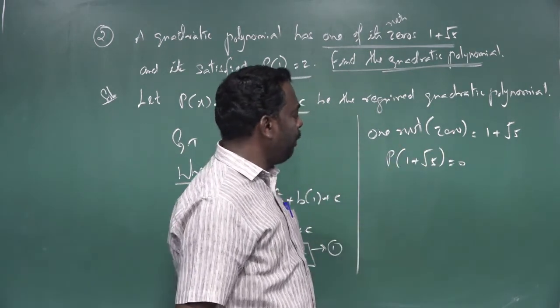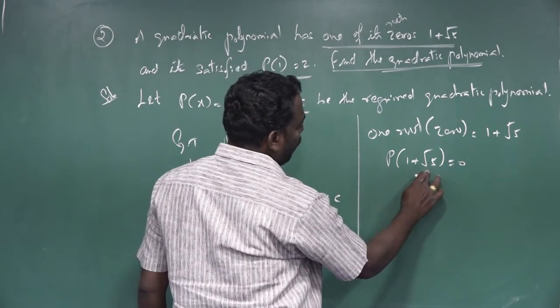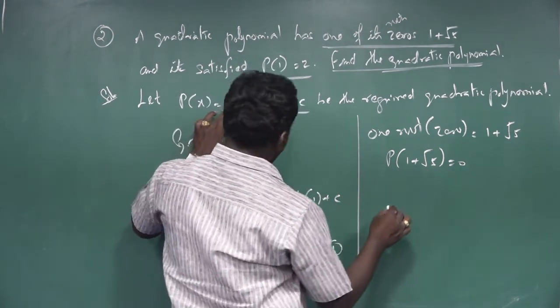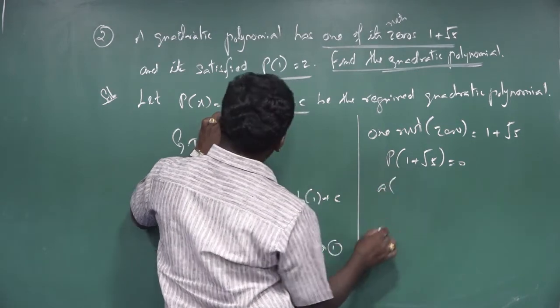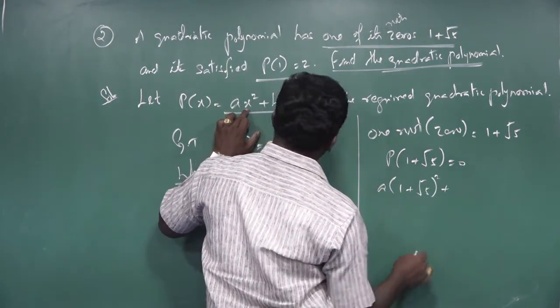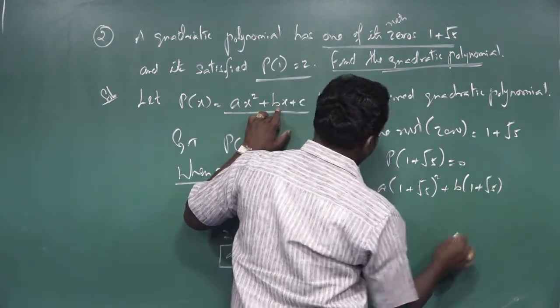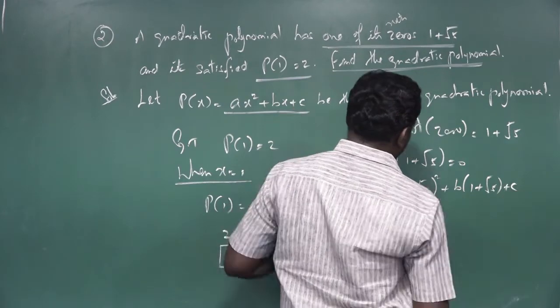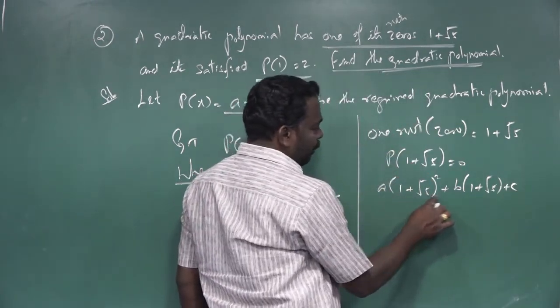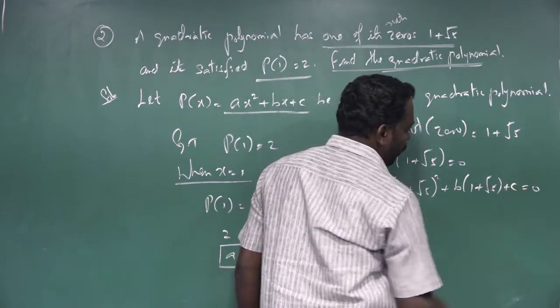Therefore, in the given P of x, just substitute x equal to 1 plus root 5. So it is a into (1 plus root 5) whole square plus b into (1 plus root 5) plus c, that is P of x with x replaced by 1 plus root 5, and that is equal to 0.